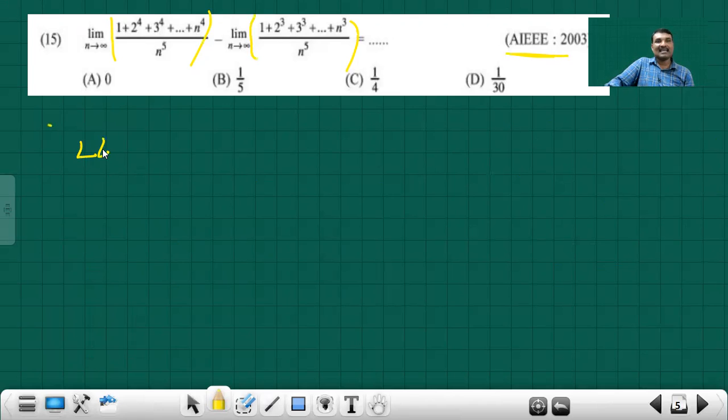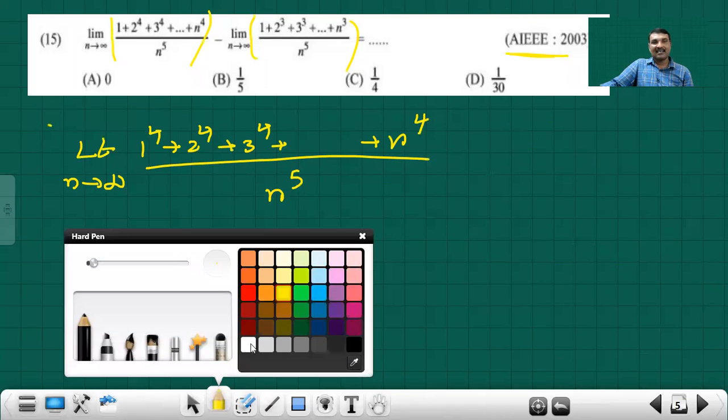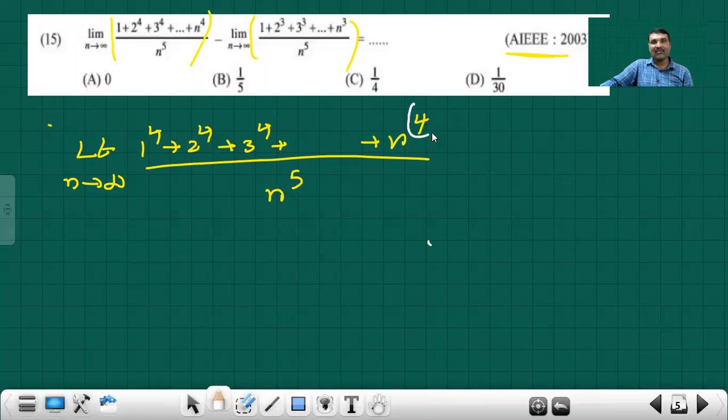So limit n tends to infinity, (1 raised to 4 plus 2 raised to 4 plus 3 raised to 4 plus ... plus n raised to 4) divided by n raised to 5. Here is a short trick. The degree of the numerator is 4. Here it is 5.